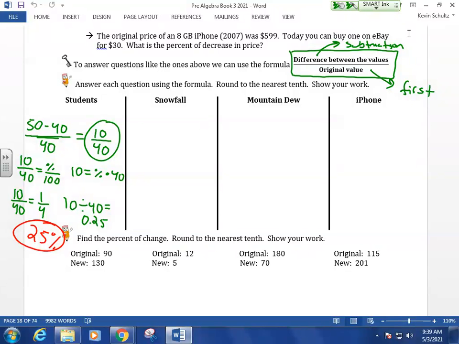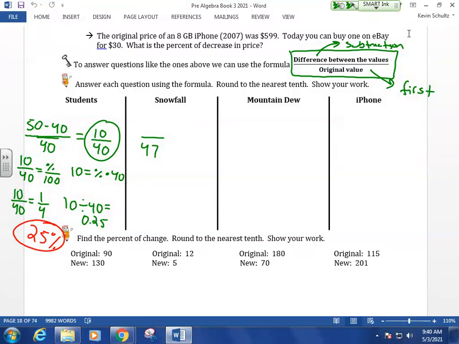Okay, snowfall, 47 inches last year, 28 inches this year. What's the original? What is the denominator of our fraction going to be? What happened first? 47. Okay.